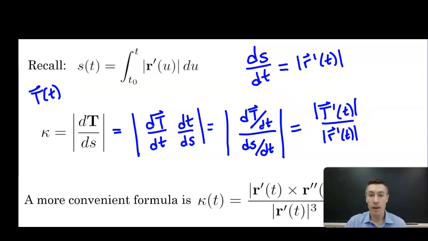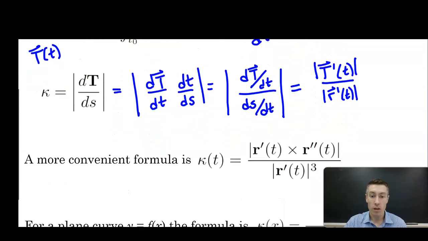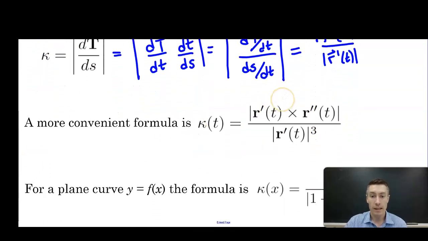But more often than not, the formula we're going to use to compute curvature is as follows. Curvature is defined as the magnitude of r prime of t crossed with r double prime of t, over the magnitude of r prime of t cubed. If you want to think of it in terms of motion, velocity crossed with acceleration, the magnitude of that vector, over the magnitude of velocity cubed.